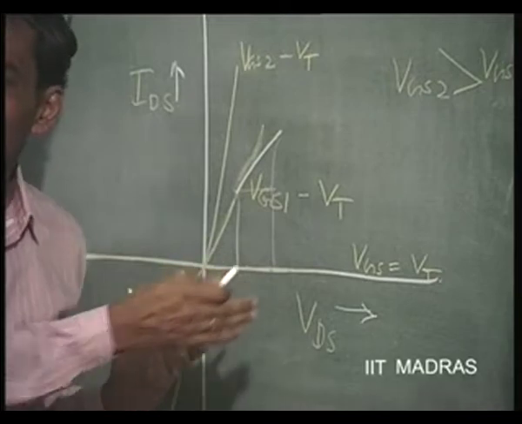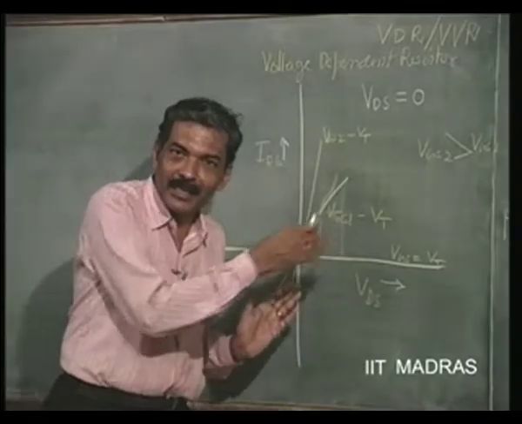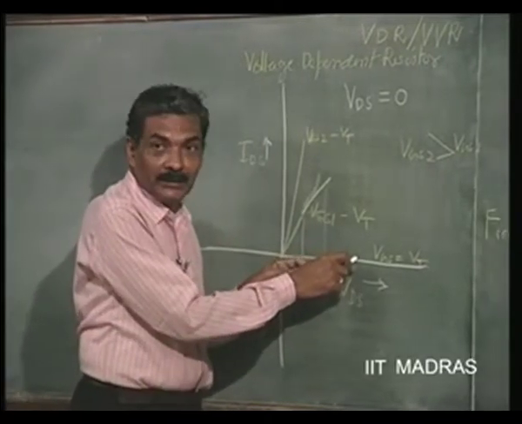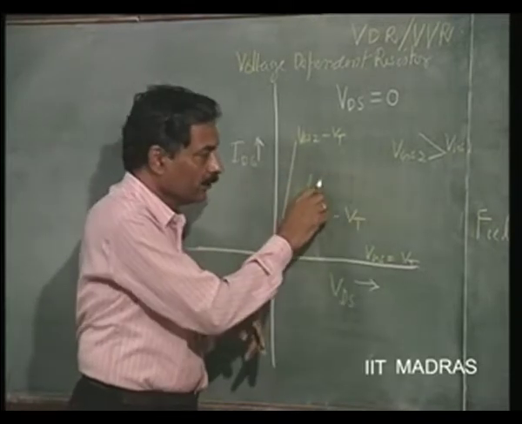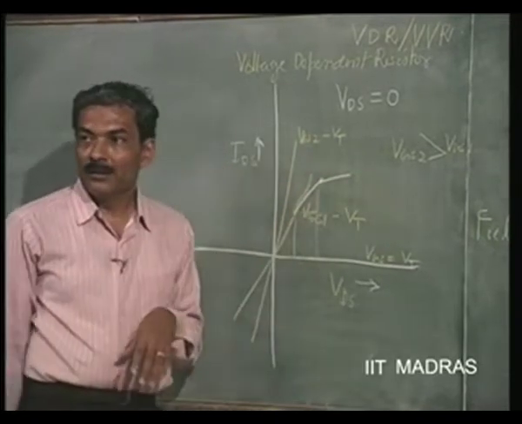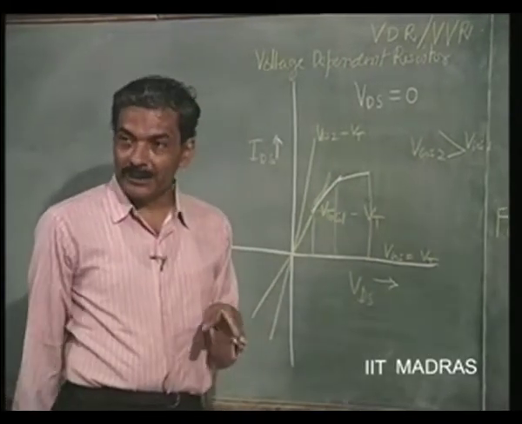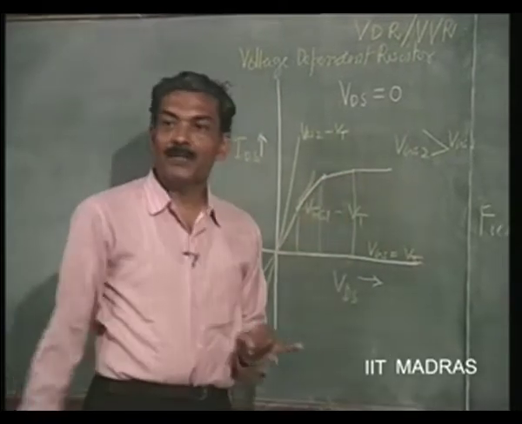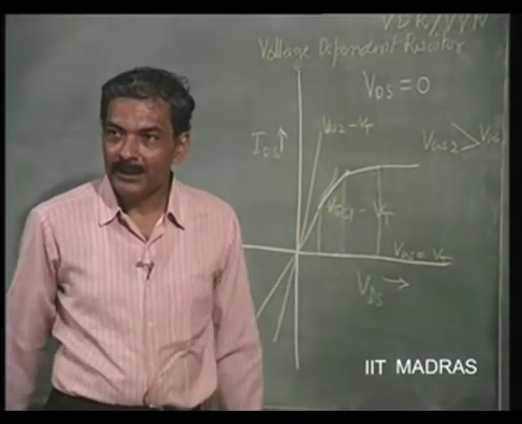This increment in voltage can be made as small as you please, so it will look like a curve rather than a line. For the next increment in voltage, the increment in current will still be smaller. For the next increment in voltage, the increment in current may not be there. What is that point? That is the point when the channel is completely closed.